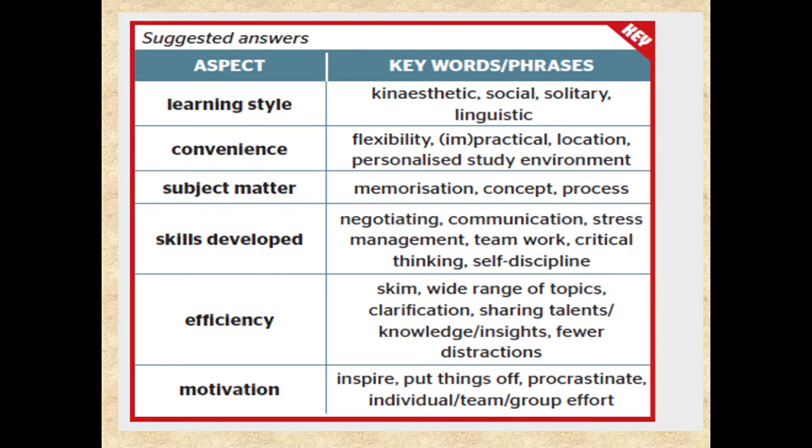And for skills developed, you can say communication, that you can communicate with others, stress management, teamwork, that you can be a member of a team, critical thinking, or self-discipline.